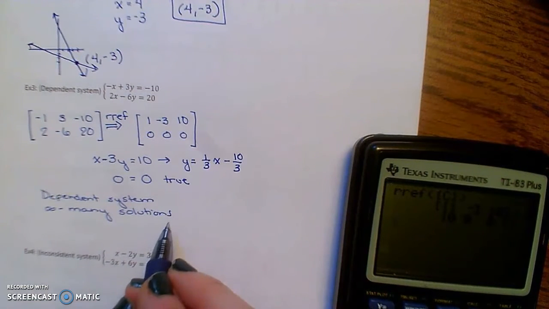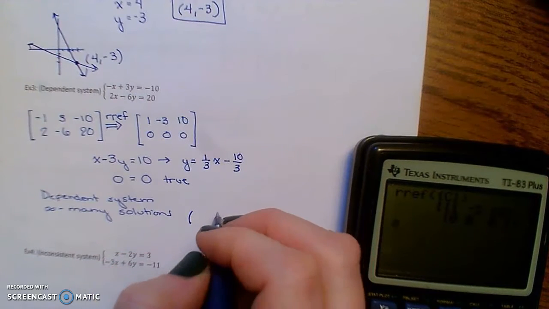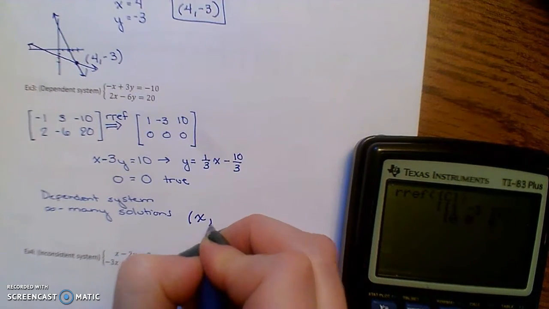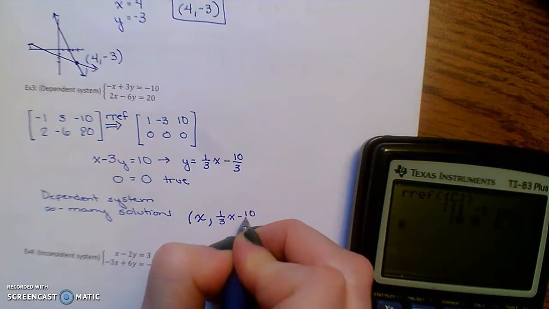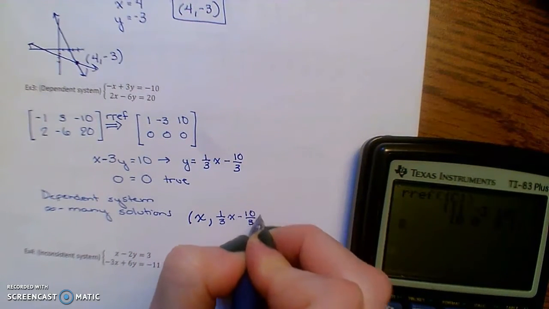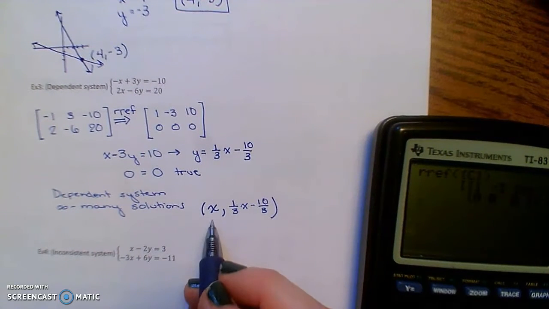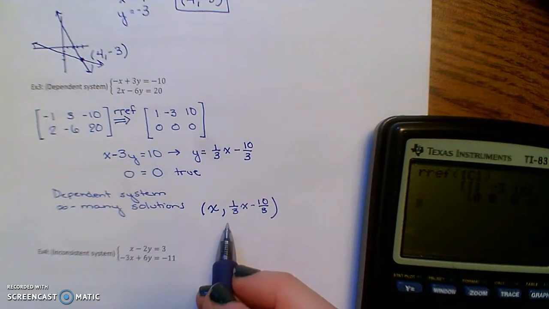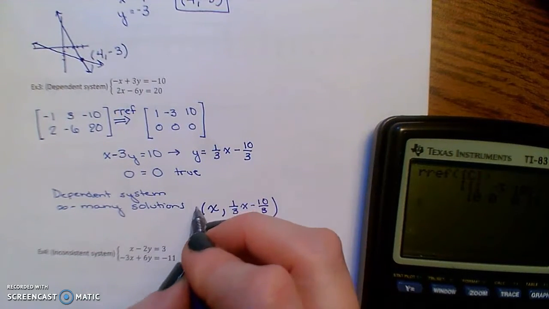So then the infinitely many solutions will all be of the form, whatever x is, y will be 1/3 x minus 10/3. This represents all of the points in the plane. They're all going to lie on a line that make this equation true.